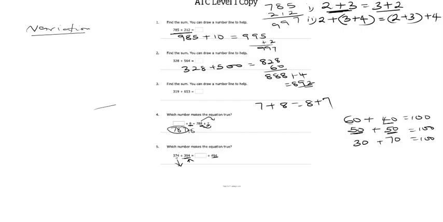And we have different kinds of variation. One, we have what we call direct variation. Direct means if one should increase, the other one must also increase. So that is what we mean by direct relationship.